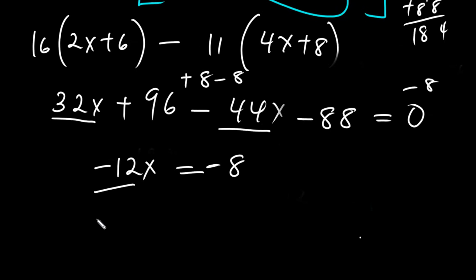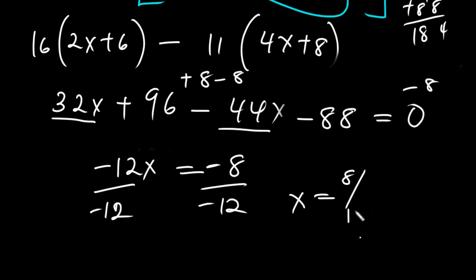We can now divide through by negative 12, so that x is 8 out of 12, which simplifies by 4 to 2 over 3. So that is the value of x.